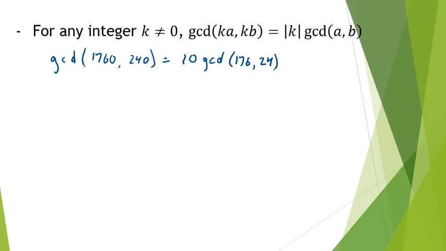We could then pull out another factor of 4 that each of these guys share, and we'd have 40 times the GCD of 176 divided by 4 is 44, and 24 divided by 4 is 6.